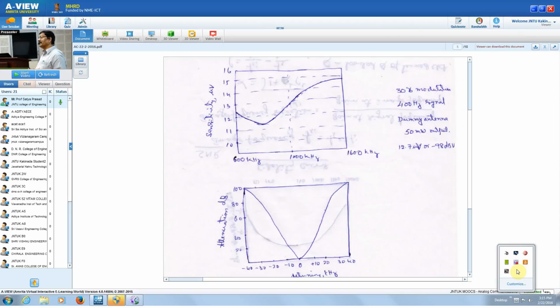Then the receiver, and then measure, put this resistance to be, and going to provide this.